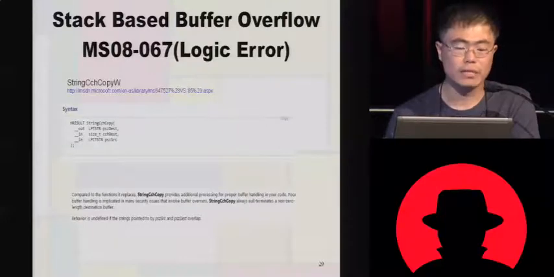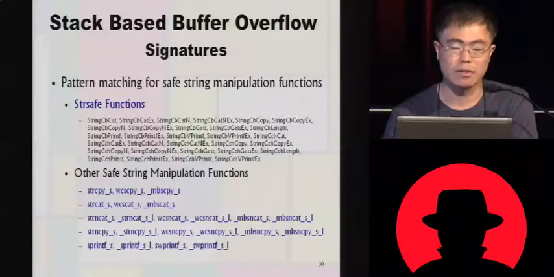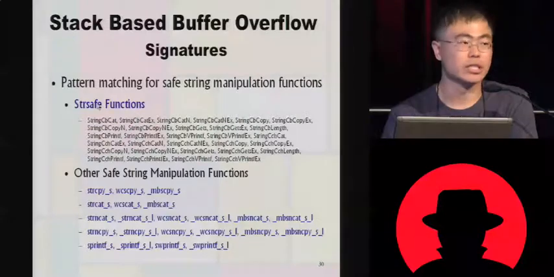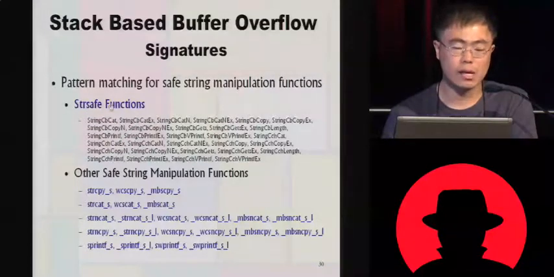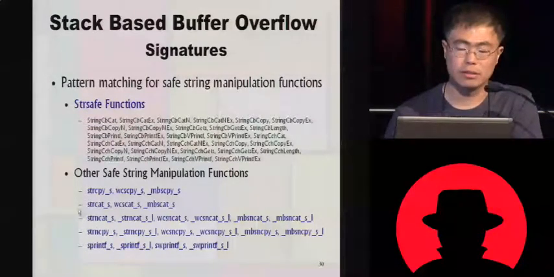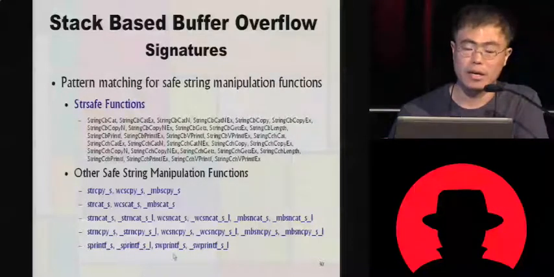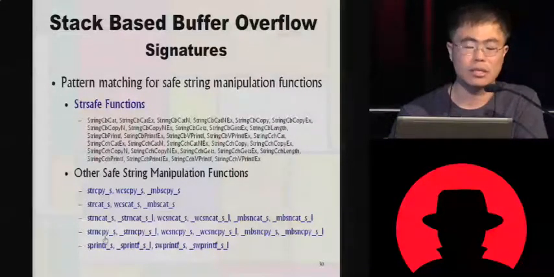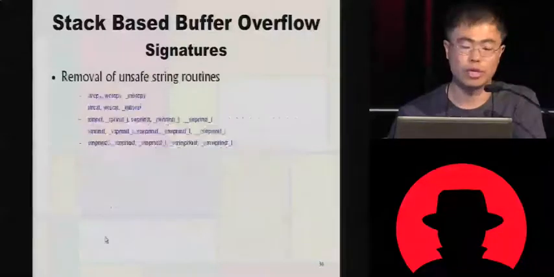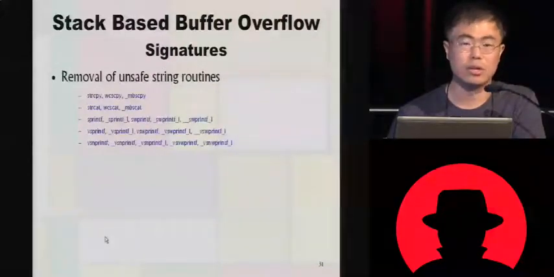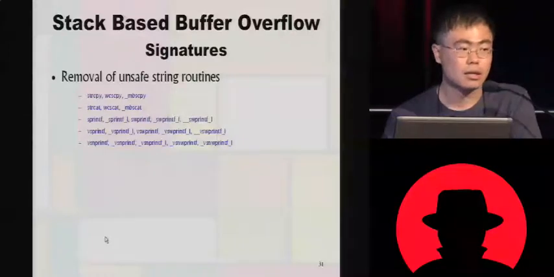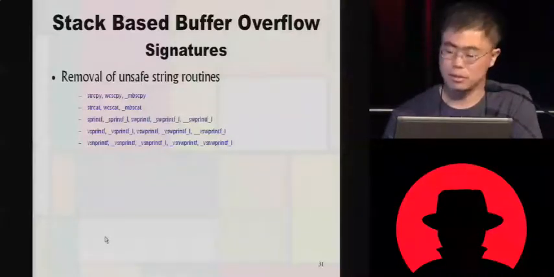So if you find patterns like safe string APIs like this, you can conclude that the code must have some kind of security-related patches inside it. So you can use all these patterns, like all the safe string APIs and other things like the strcpy_s family, as your patterns for catching these patches.